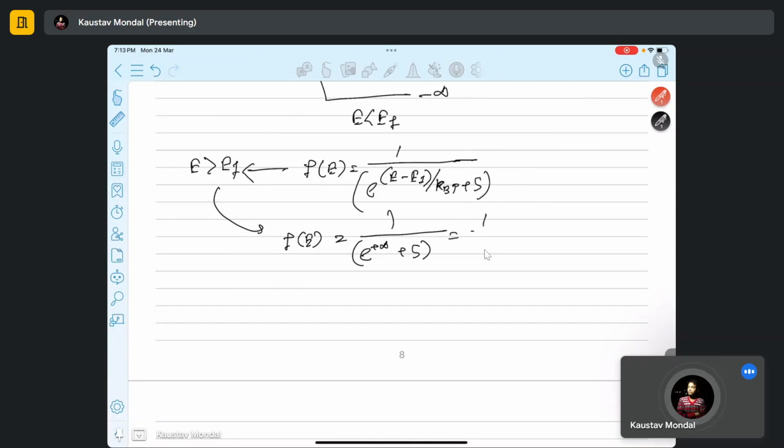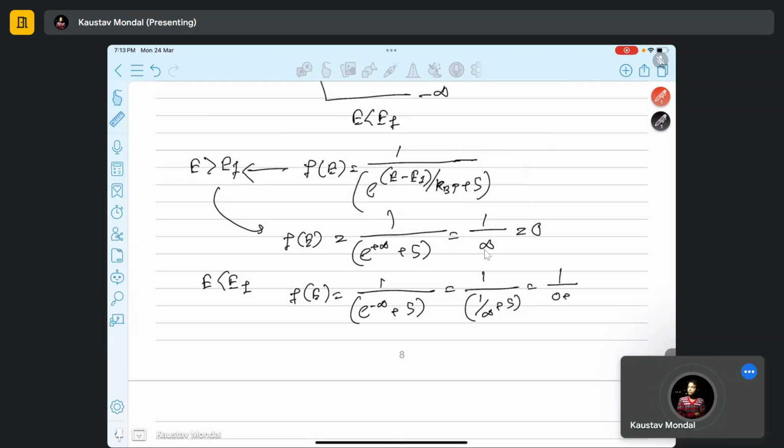This simply gives 1 by infinite, equal to 0. Similarly, for E less than EF, it would be simply 1 by e to the power minus infinite plus 5, that gives you 1 by 0 plus 5, which is 1 by 5.